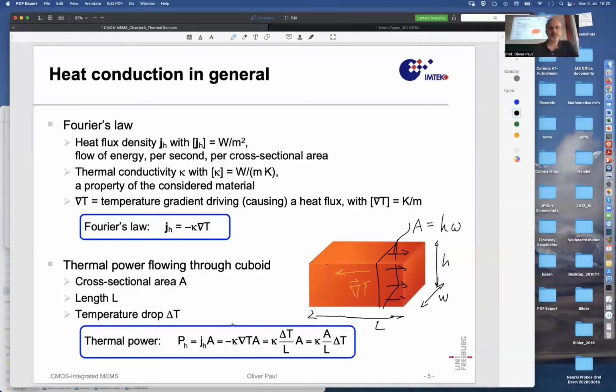And so if I multiply the heat flux density by the cross-sectional area, these square meters multiplied by the watt per square meter, then of course I get out the watt that flow. And so this is minus kappa. So this object is called kappa. You're not all Greek, so it may be good to write it down.